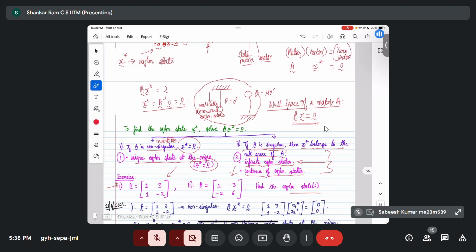These are the only two equilibrium states. And they are separated. It's not continuous. So we don't have any other value of theta in between to be an equilibrium state. That is why they are called isolated equilibrium states.